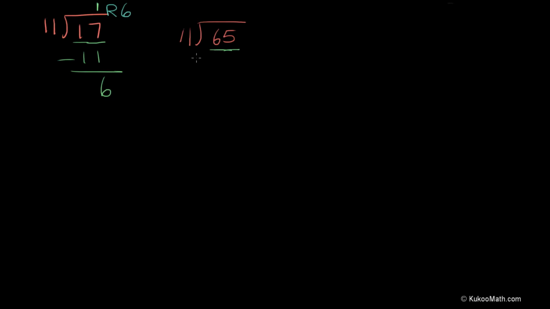If you know your multiplication tables up to, let's say, 12 by 12, then you should know 11's multiples too. So it should be clear that 6 is too much, so we're going to do 5. 11 times 5 is 55. When you subtract, you get 10. And since we don't have any more numbers to bring down, we're left with 10 because we can't do 10 by 11. So then our answer becomes 5, remainder 10.